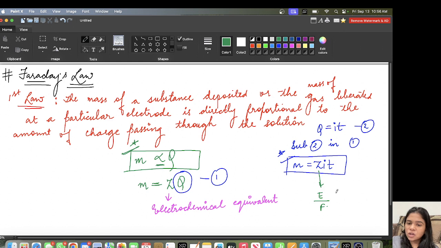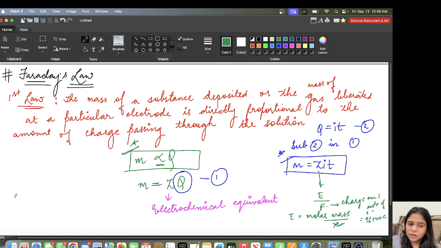And E is your equivalent weight. Now, if you study in your molar concept, equivalent weight equals molar mass by X, where X is the number of electrons transferred. F is the charge on 1 mole of electrons, which is approximately equal to 96500 coulomb.